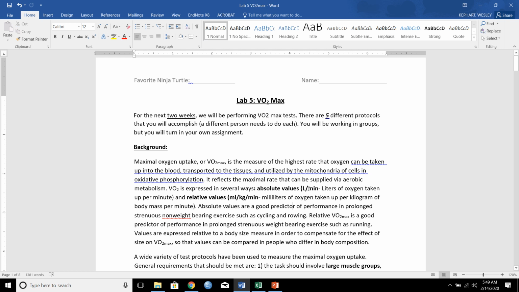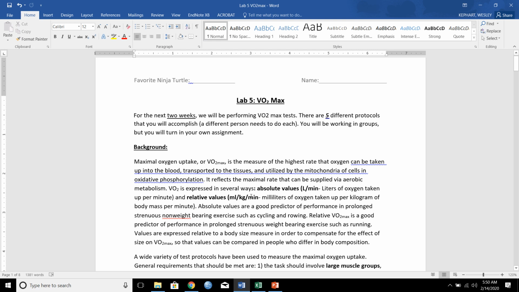Also, absolute VO2 has nothing to do with how much an individual weighs, and relative VO2 has everything to do with how much an individual weighs. Let's break these down a little bit. Absolute VO2 is the liters of oxygen taken up per minute, whereas relative VO2 is the milliliters of oxygen taken up per kilogram of body weight per minute.